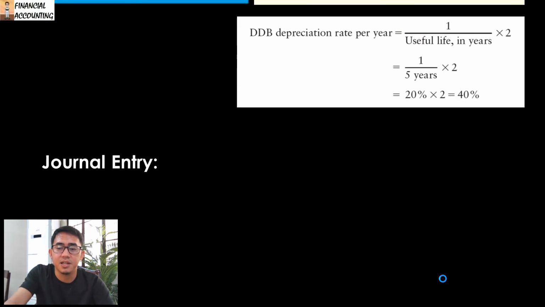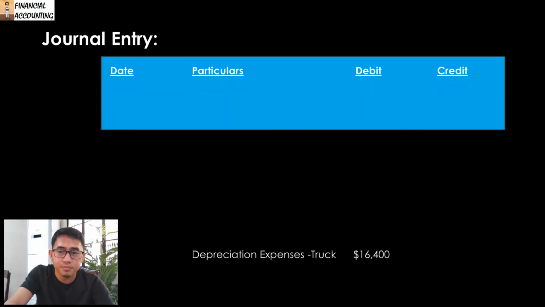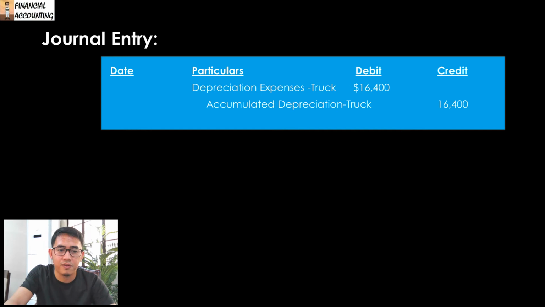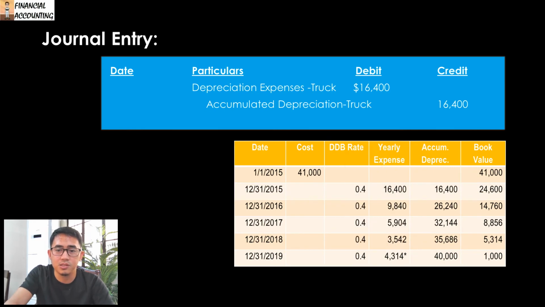Okay, let us have here the depreciation table. So this is our first entry, depreciation of the first year. So how do we compute that? This is our depreciation table. We have here the cost of 41,000, or the book value at the beginning of the year.